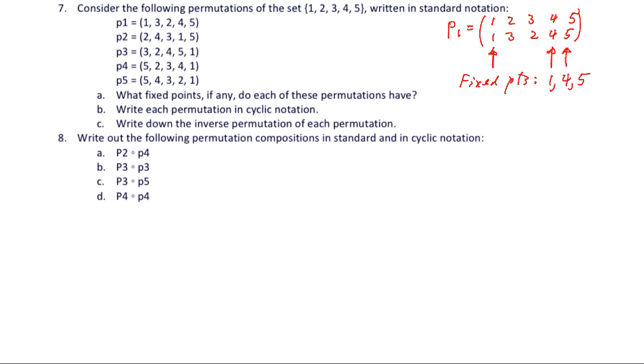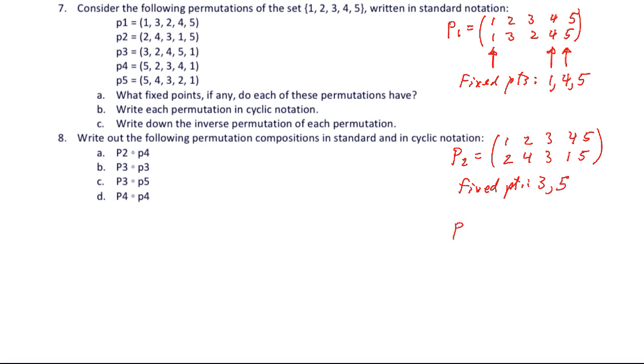For permutation P2, I can write it like this: the pattern for 2 is 2, 4, 3, 1, 5. And you can see that we only have 2 fixed points, 3 and 5.